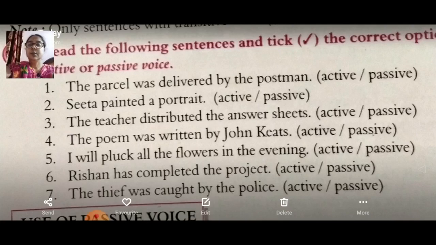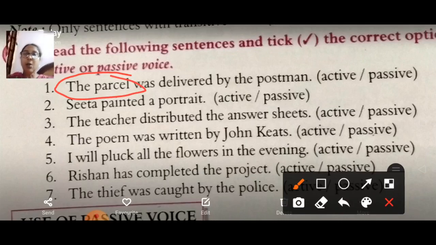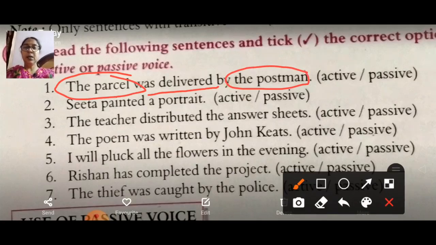So, first of all, in the first exercise: the parcel was delivered by the postman. Now here you can see one thing which is very prominent, that is the parcel. Here you can see this is an object, this is the verb, and this is the doer.